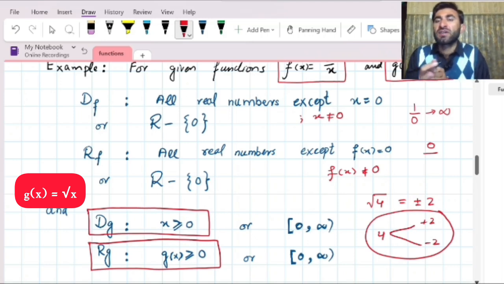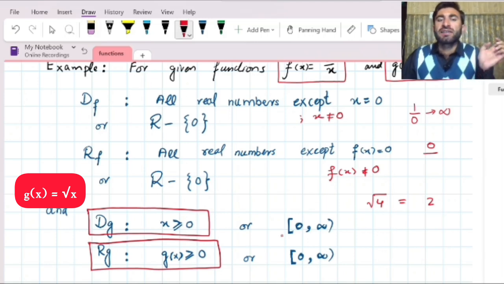So that's why we only take the positive value. That's why the range of the function is only positive. g of x is only greater than or equal to 0.